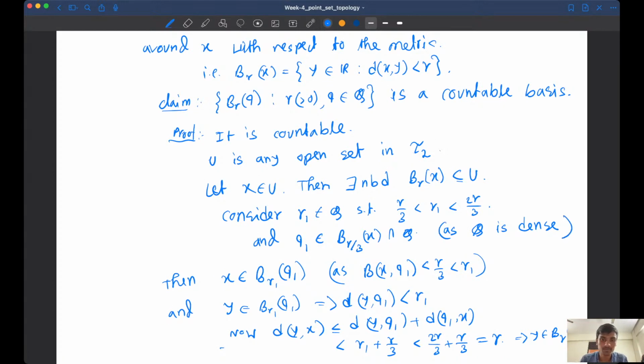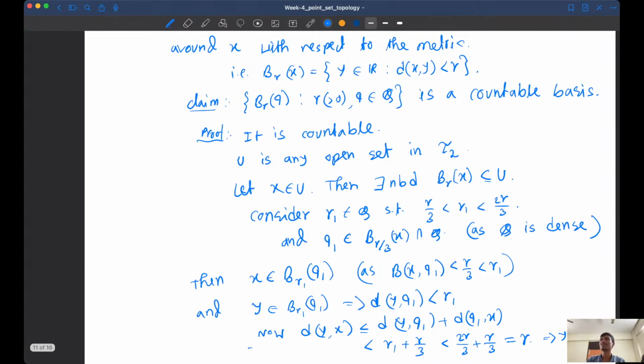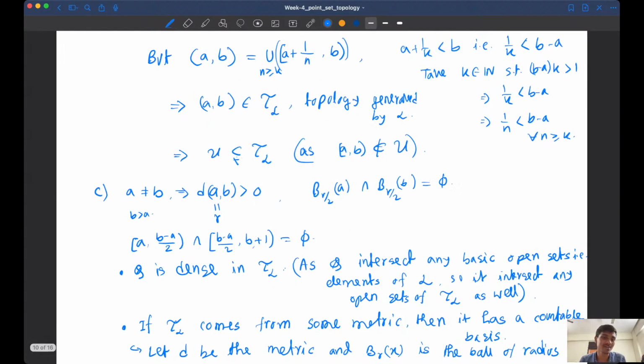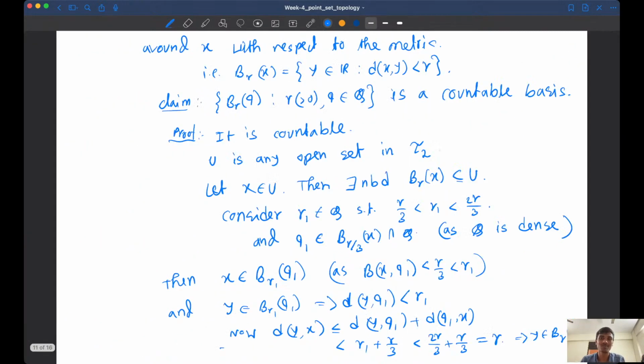Was there any result like any separable metric space has a countable basis? Yeah, exactly. Any separable metric space, separable meaning it has a countable dense subset, always has a countable basis. That notion is called second countability.